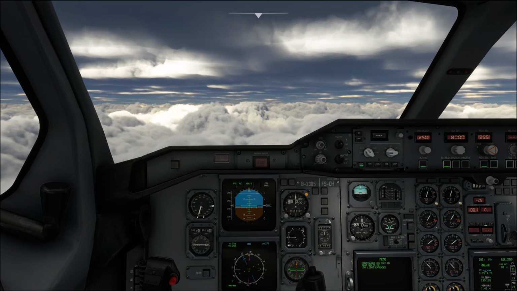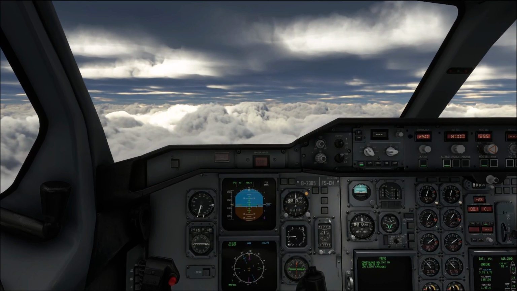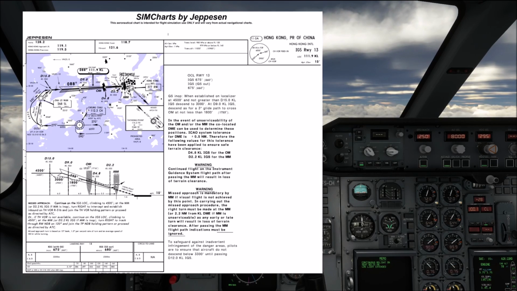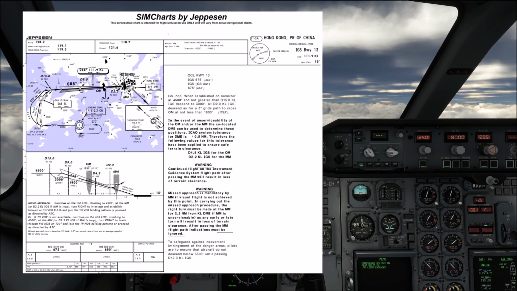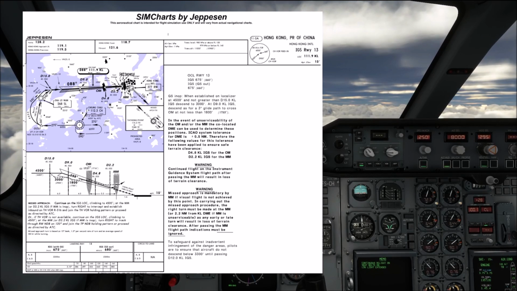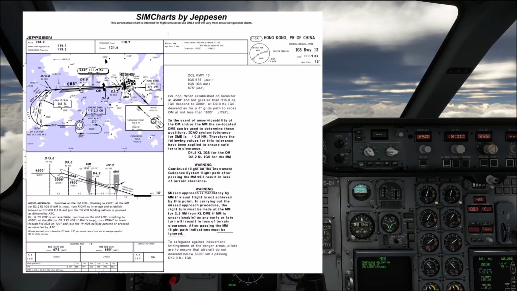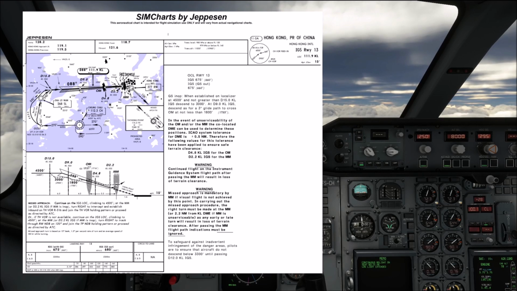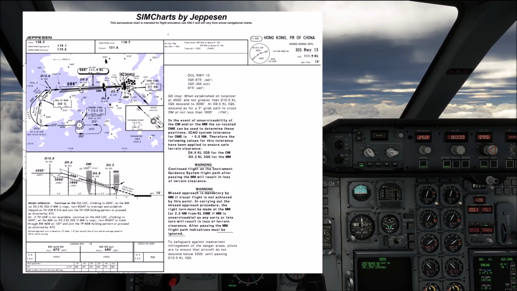So let's have a look into the actual approach that we are going to fly, and we actually have two charts for this one. The first one is the chart that we have available over here, and as we can see, the plan is to leave Chung Chao VOR on a radial 270 until 7 DME, which is called waypoint Golf, and then we make a right-hand turn onto direct to Shallow Wan.